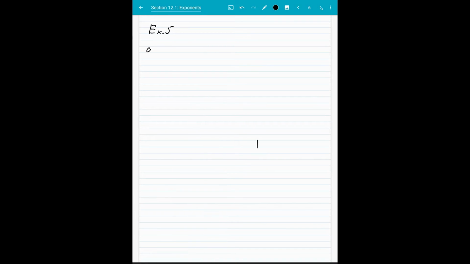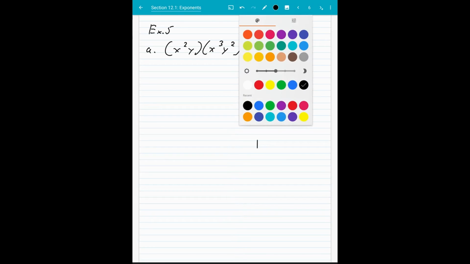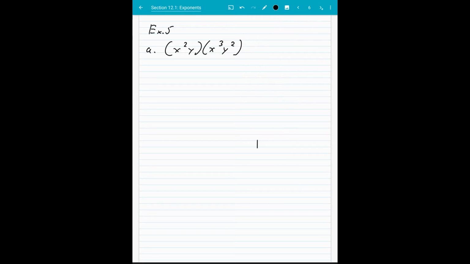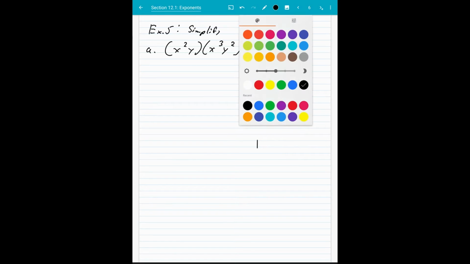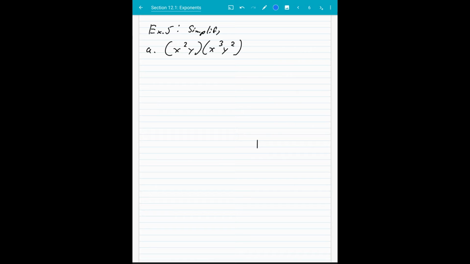Example 5 says x squared y times x cubed y squared. This one we want to be strategic. The instructions for this are to simplify. Remember on the last problem we matched numbers with numbers and variables with variables. Here there's no numbers, but we want to match the variables with their like variables.